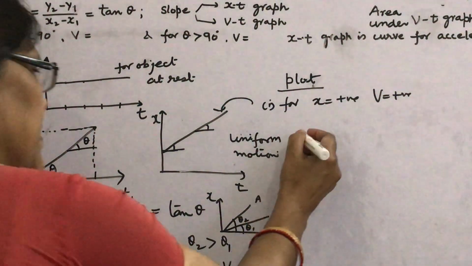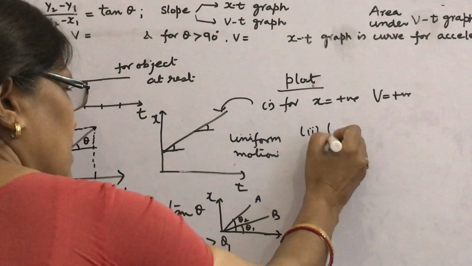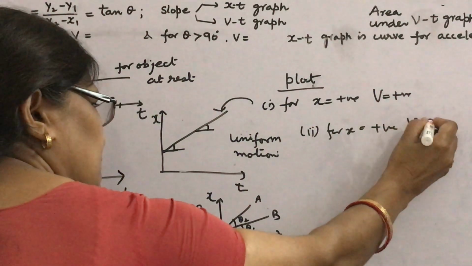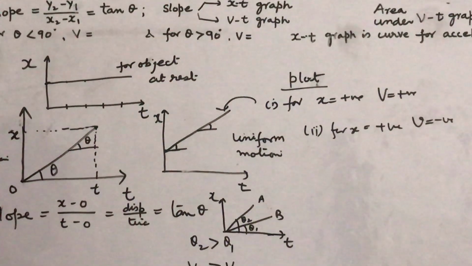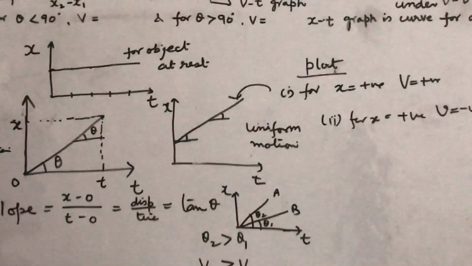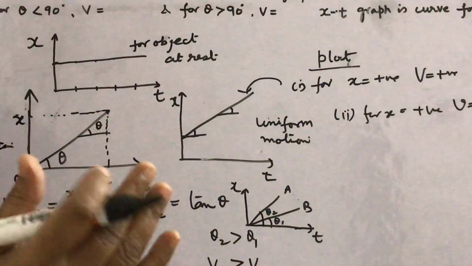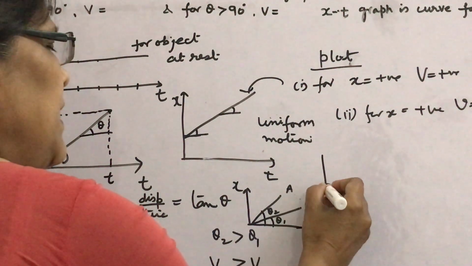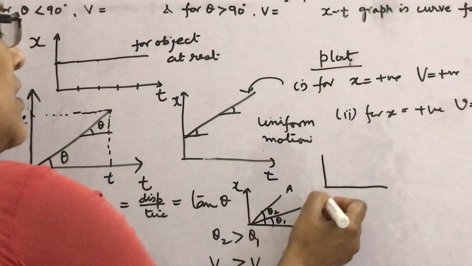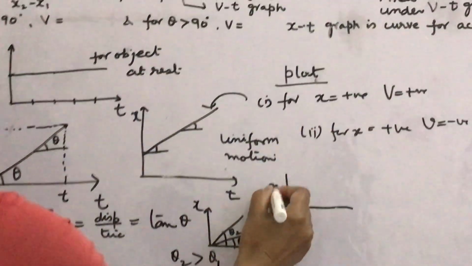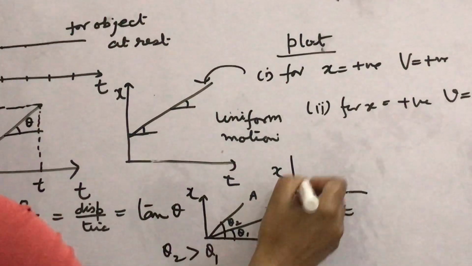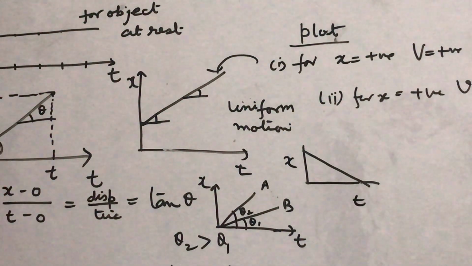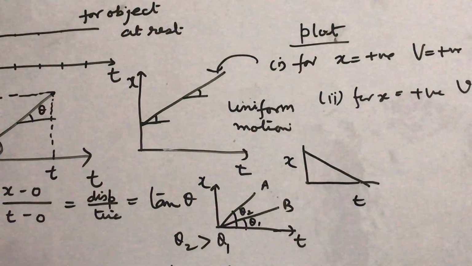Another case, suppose it is given the second graph for x positive but velocity negative. How will you find it? You know velocity is negative, then what is the meaning of negative slope? Learn one thing, that in any graph, if the angle theta is less than 90, then the slope is positive, and if theta is more than 90, then the slope is negative.